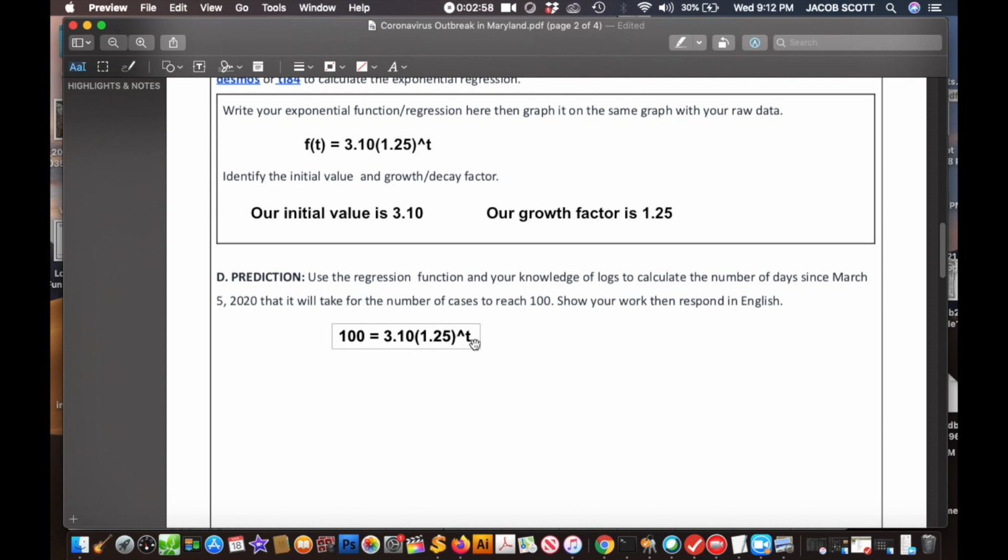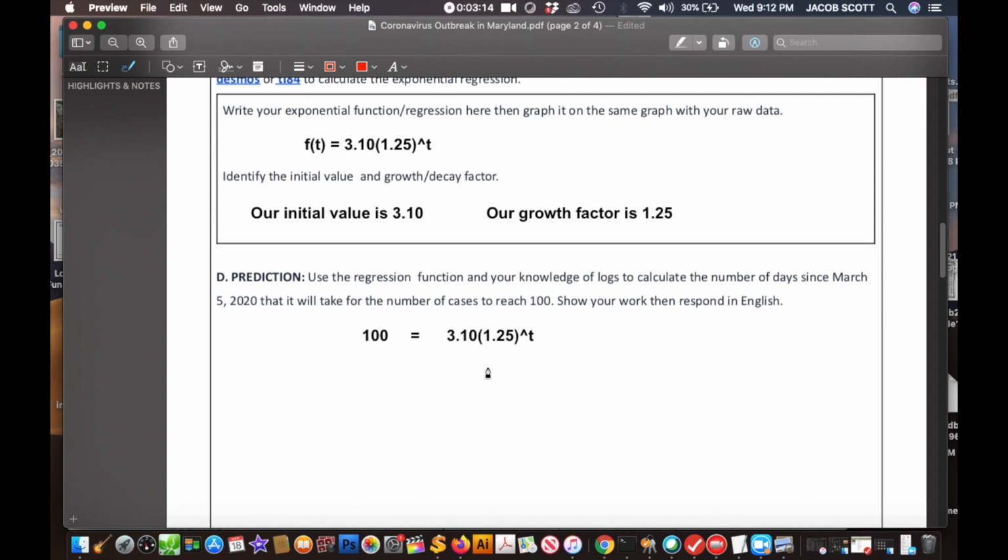Okay? And we're going to solve for t. Now, I don't want to type all this stuff out, to be honest with you. So I'm going to see if they have a pen for me to be able to write with. And I think this is the pen. So let's see if that works.